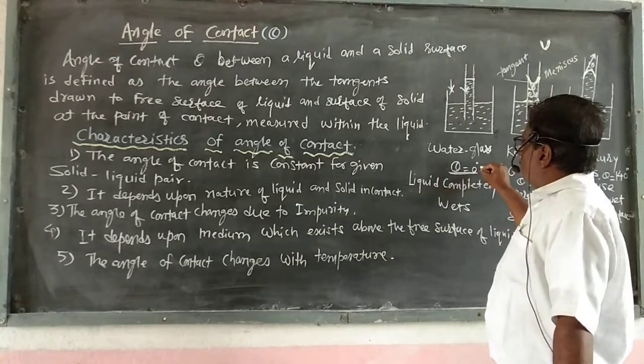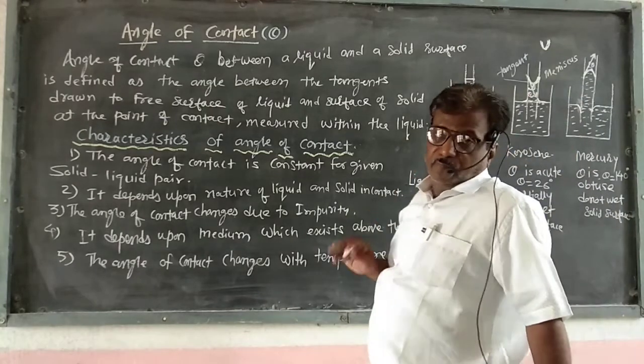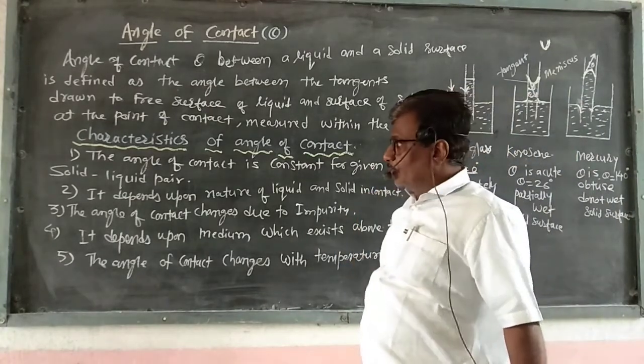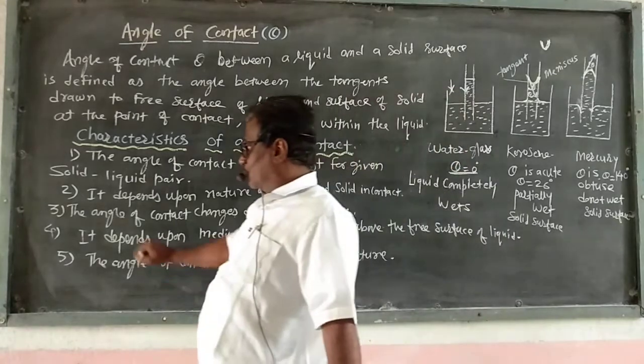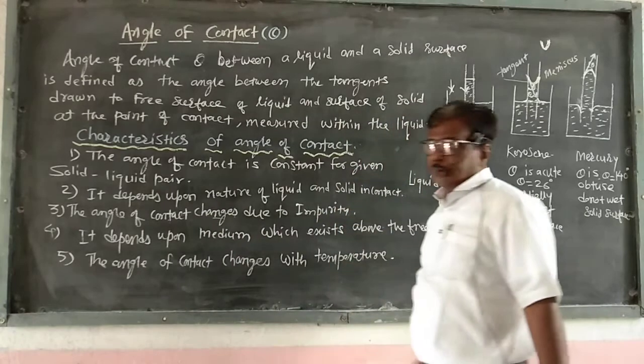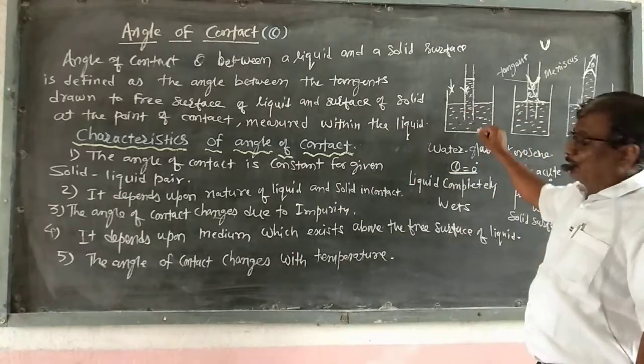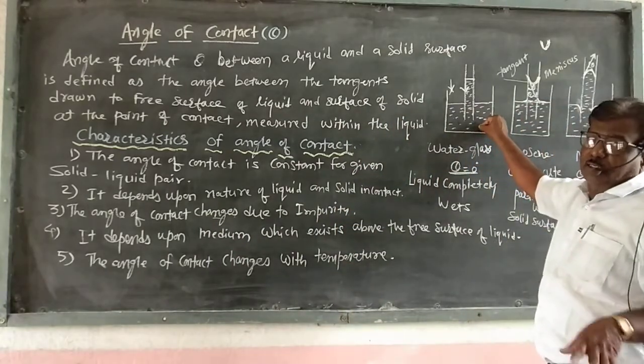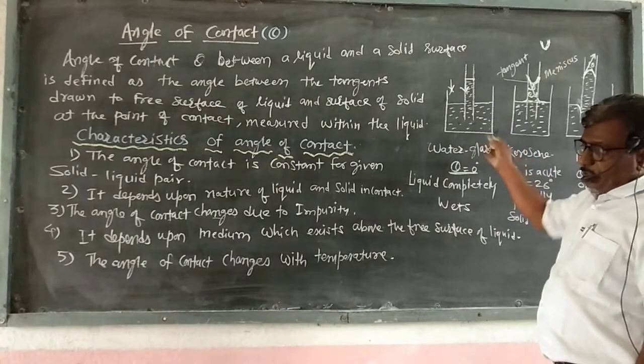Then the angle of contact changes due to the impurity. So the third characteristic shows that the angle of contact changes due to impurity. That means it is not pure water, it is a mixture of water, so the angle of contact changes.